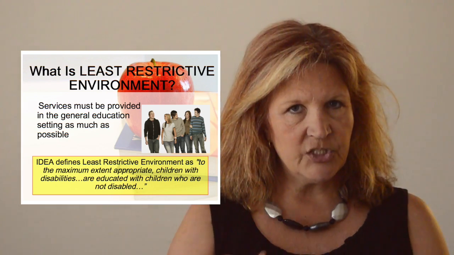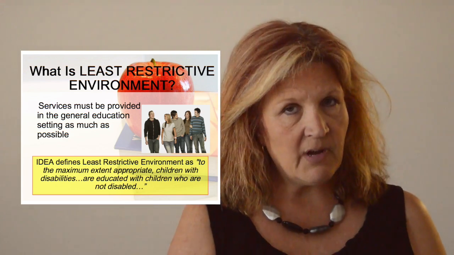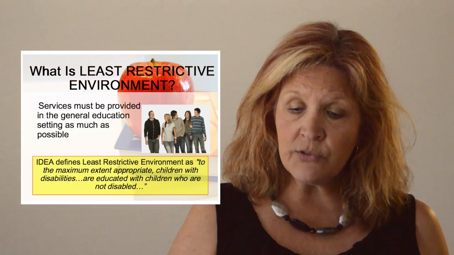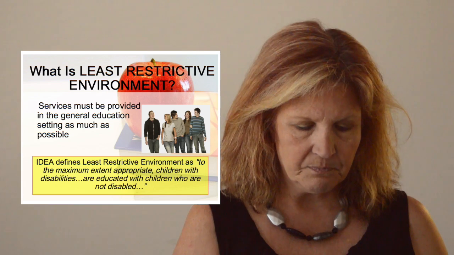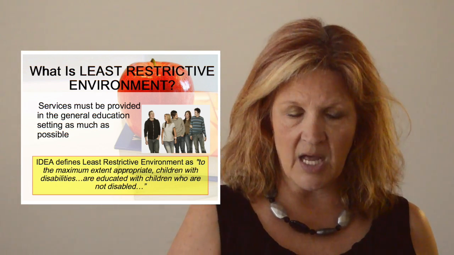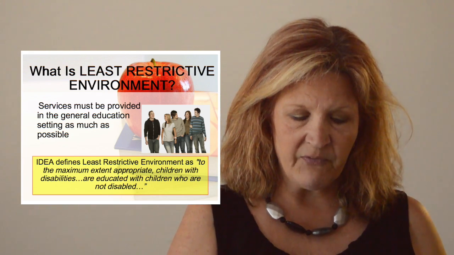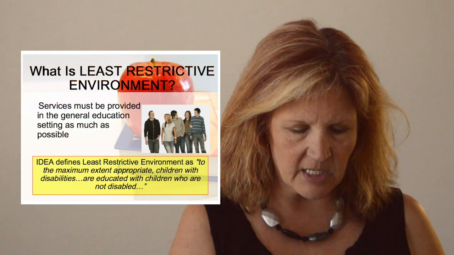So let's talk about the continuum that the IEP team is going to look at. First of all, the general education environment. What are some supports that can be provided in the general education environment? Well, we talked a lot about different support services on a couple of slides ago. They can provide personnel like paraprofessionals or interpreters if that's going to help your child be successful.